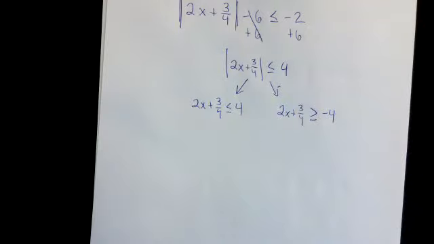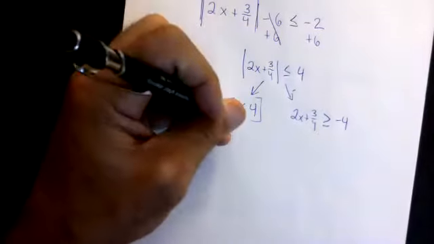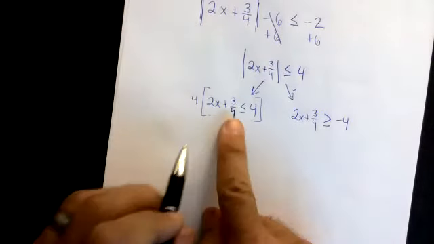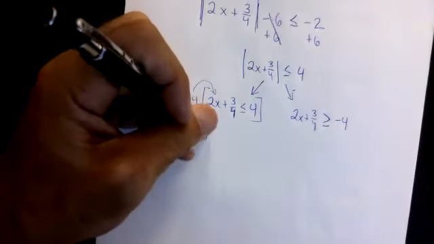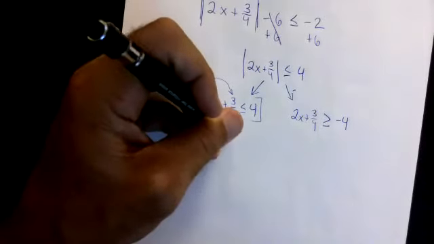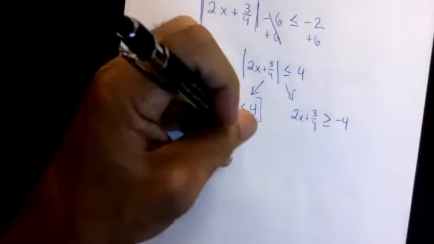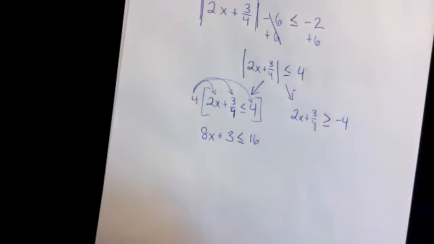Okay, again, I don't like dealing with the fractions, so I'm going to cancel them out right off the bat. So I'm going to multiply by the lowest common denominator, this 4 that I have on the bottom, to get rid of it. So 4 times 2x is 8x. 4 times 3/4 is 3. 4 times 4 is 16.